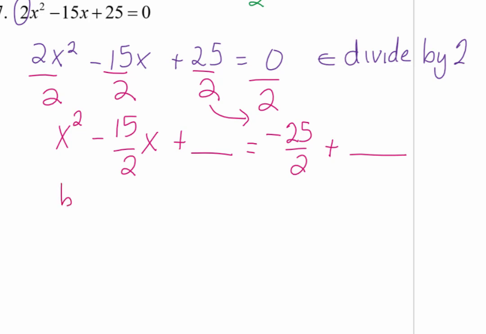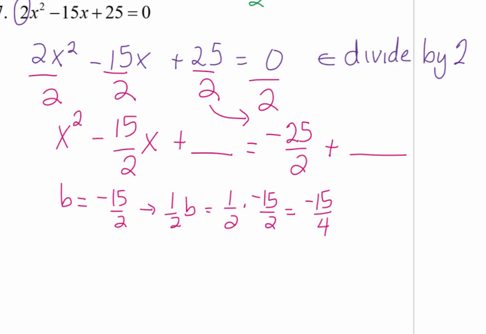So b is negative 15 halves. Half of b is 1/2 times negative 15 over 2, which is negative 15 fourths. Okay, we've got to square that.